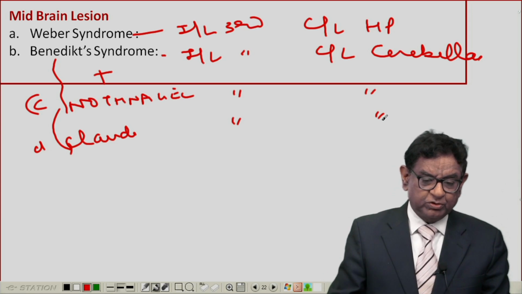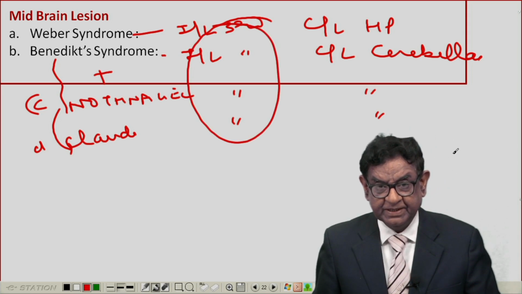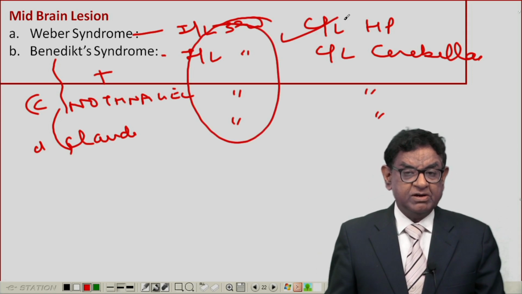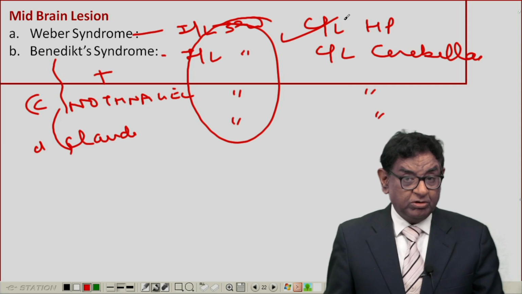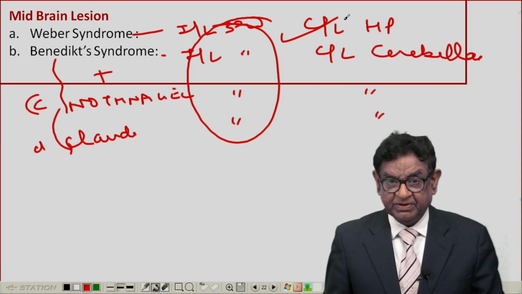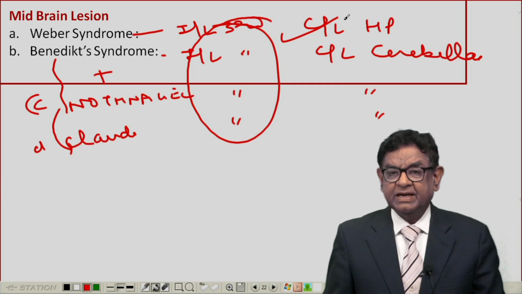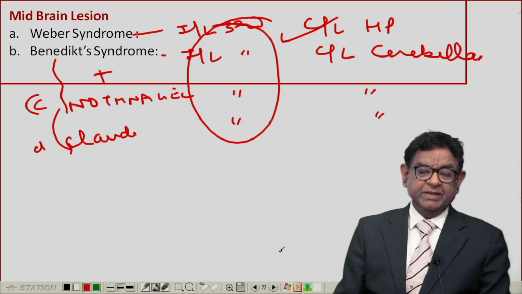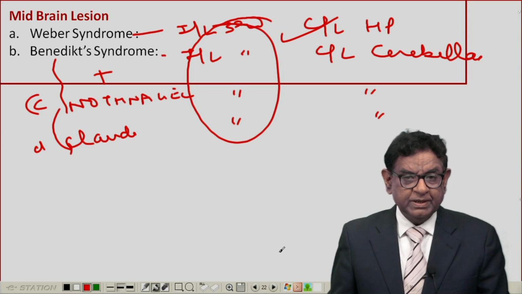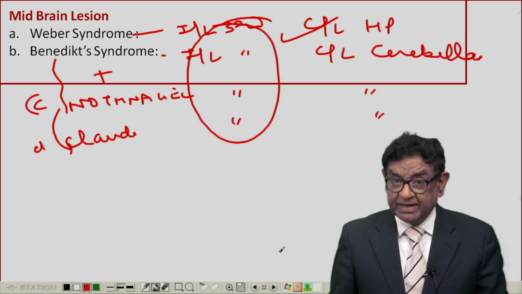In all the four syndromes, there is ipsilateral third nerve palsy. In Weber, there is contralateral hemiplegia. In the rest of the three syndromes, contralateral cerebellar features will be there. Now, one more thing I would like to note: we got syndromes like Weber syndrome, Millard-Gubler syndrome and medial medullary syndrome.